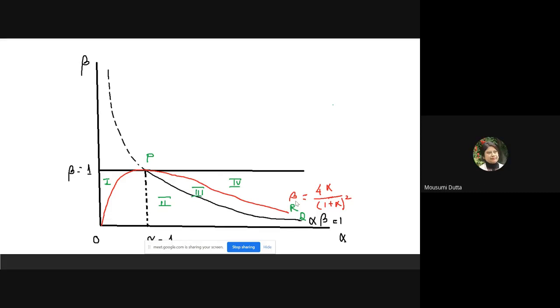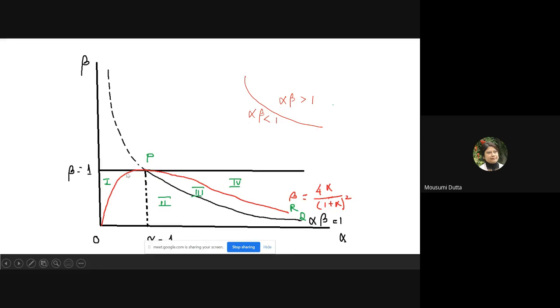Okay. So once you draw this diagram, as I mentioned, for the rectangular hyperbola, in this zone I have alpha beta greater than 1. I'm dividing the zone on the basis of the red and the black lines into two parts, 1 and 2.